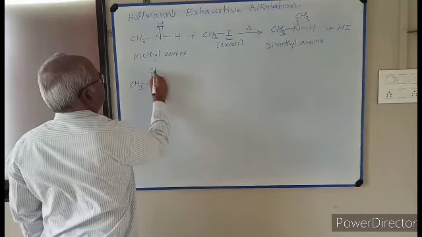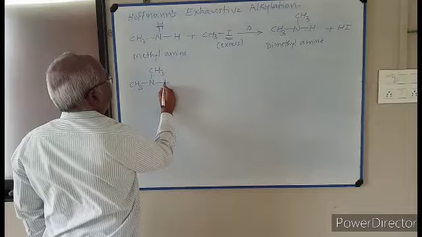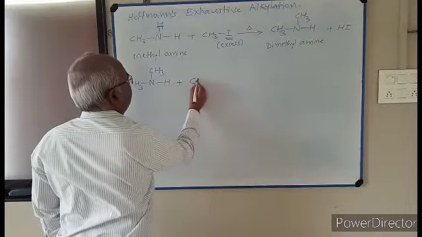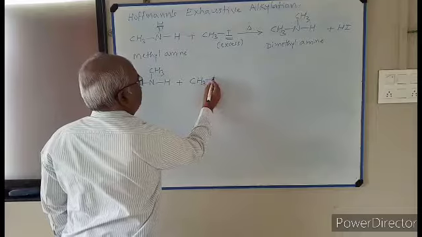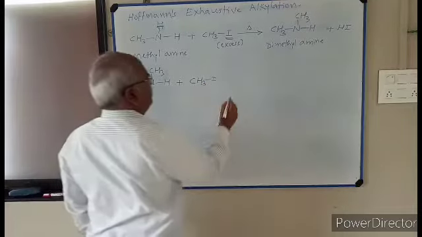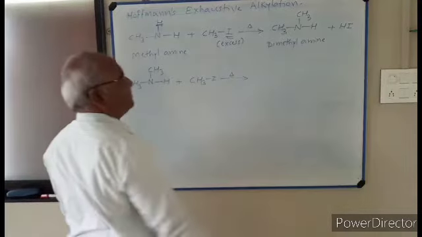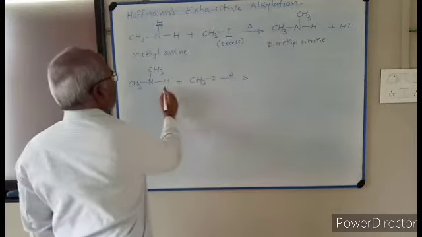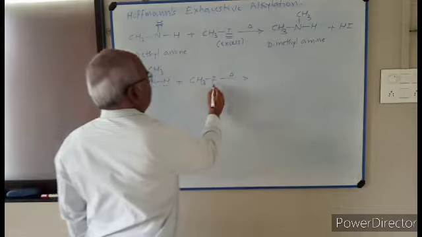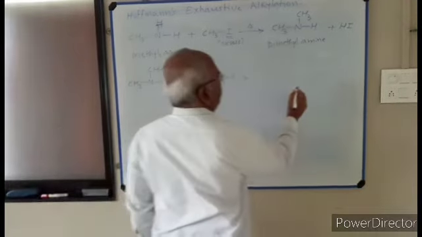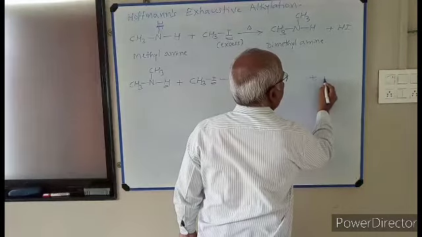This dimethylamine, CH3-NH-CH3, again reacts with another molecule of methyl iodide. Heating is represented by the delta sign. Hydrogen combines with iodine and HI is the product.